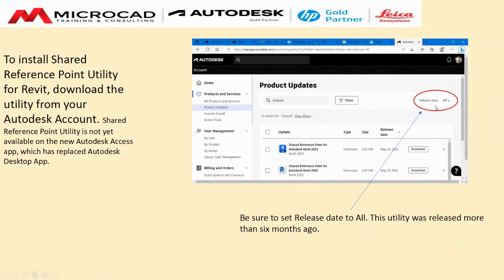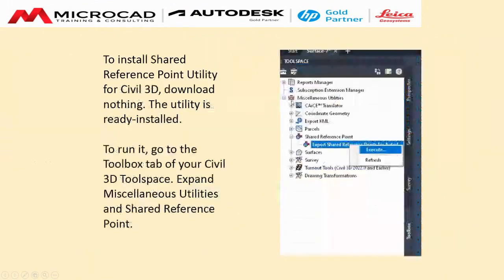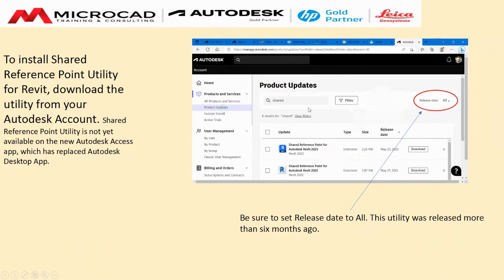And then critically, I just type the word shared in the search and then set my release date to all. If you don't do that, it's going to show at most 6 months. And this tool was released more than 6 months ago, so you wouldn't see it. You could type shared reference point utility all day long, and you won't see it unless you set that release date.